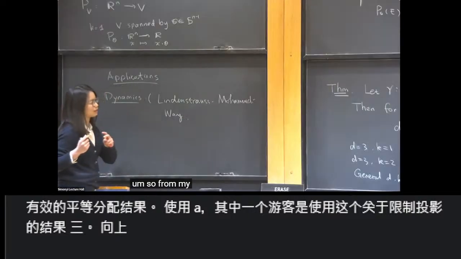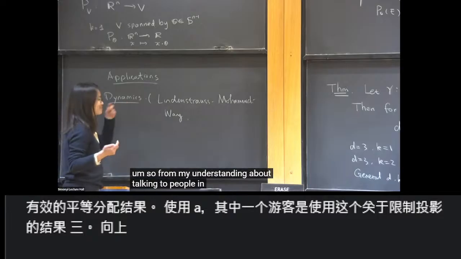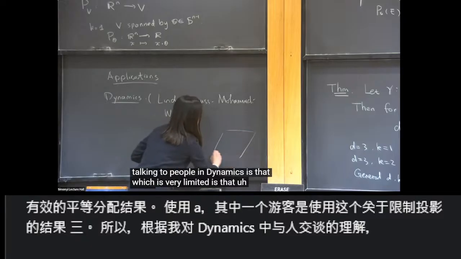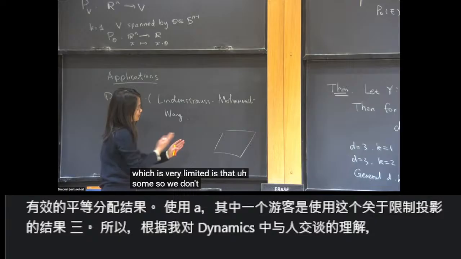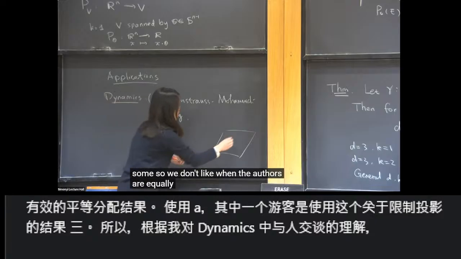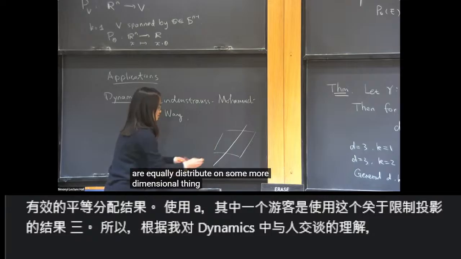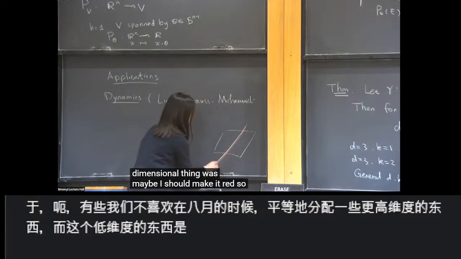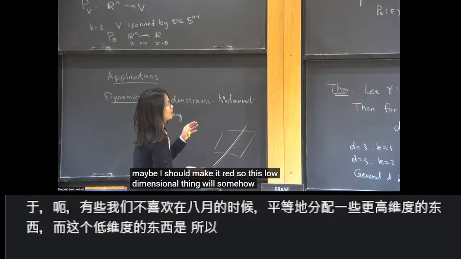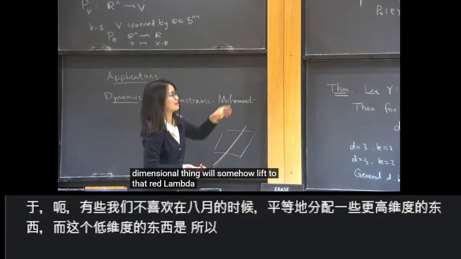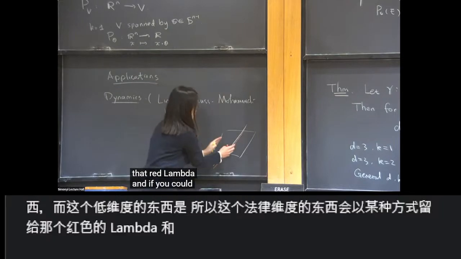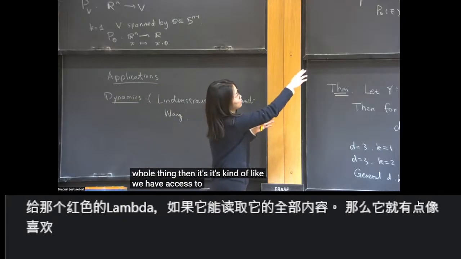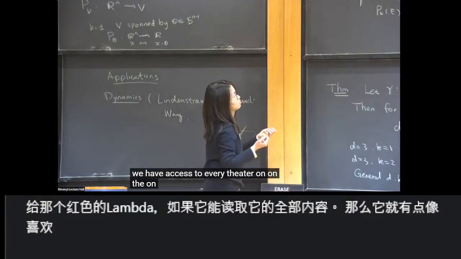From my understanding, from talking to people in dynamics, which is very limited, when the orbits are equidistributed on some low dimensional thing, this low dimensional thing will somehow lift to that red lambda, and if it's equidistributed on the whole thing, then it's kind of like we have access to every theta on the sphere.